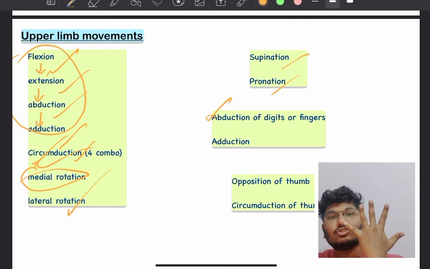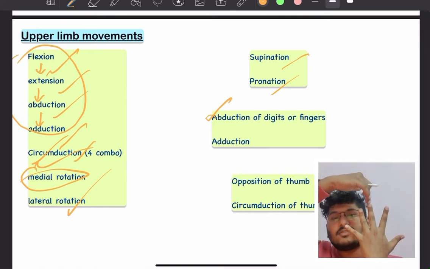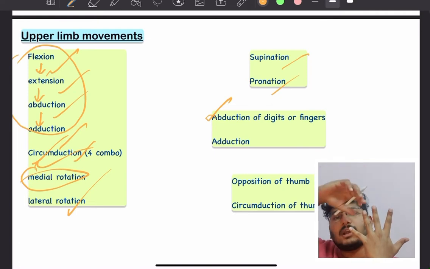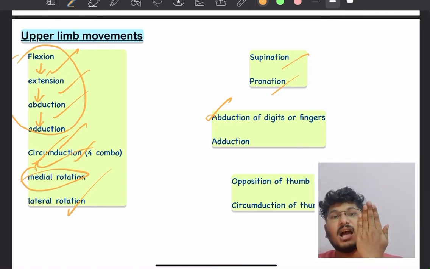If the fingers are moving outwards away from the central axis, this is abduction of fingers. So this is adduction of fingers, coming inwards, and this is abduction of fingers, going outwards. Next, apposition of the thumb.